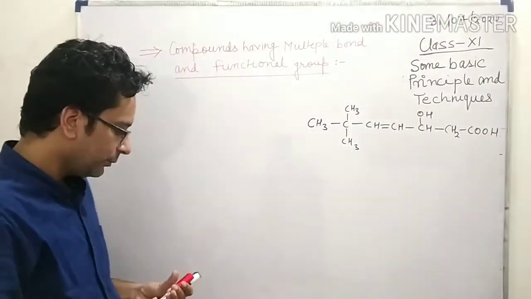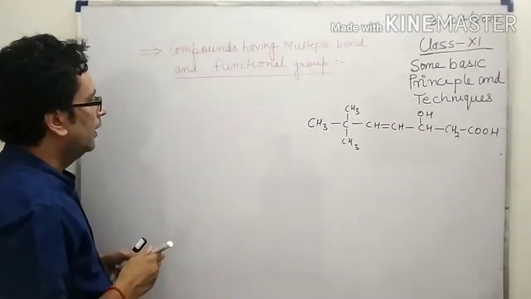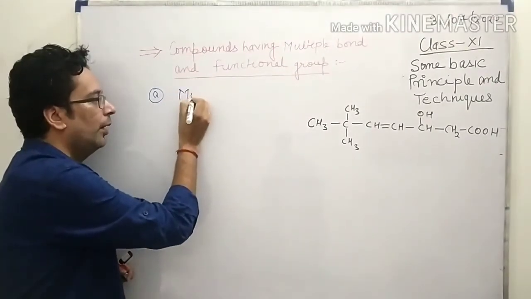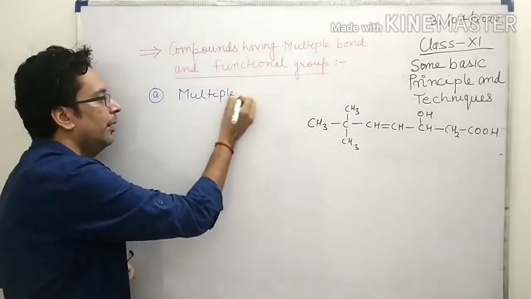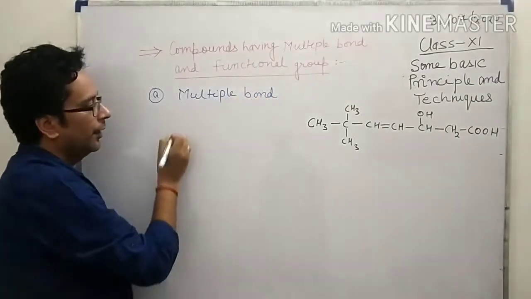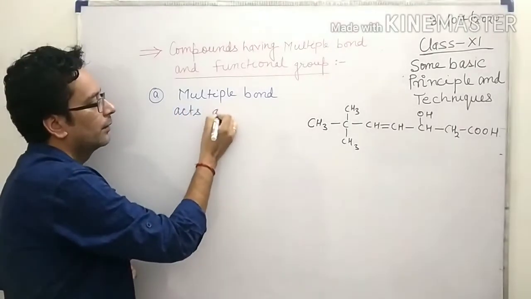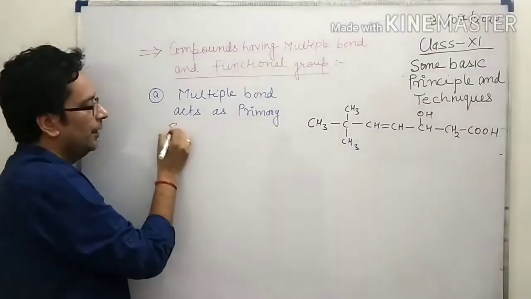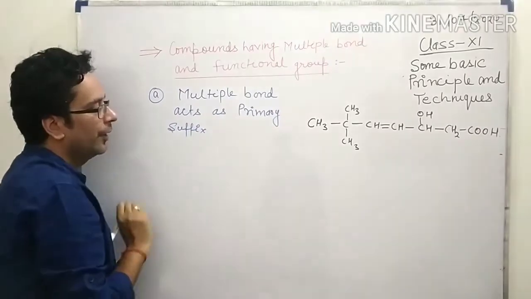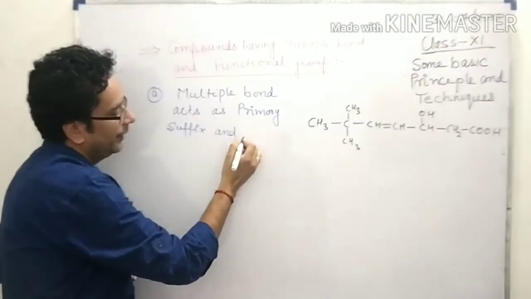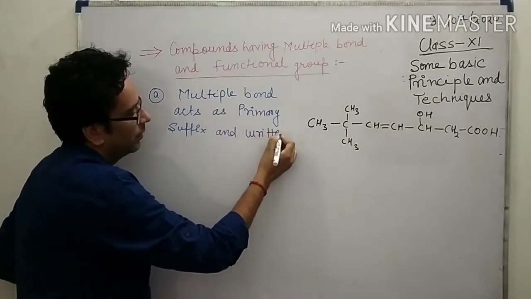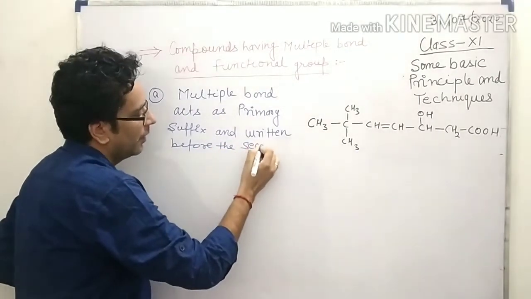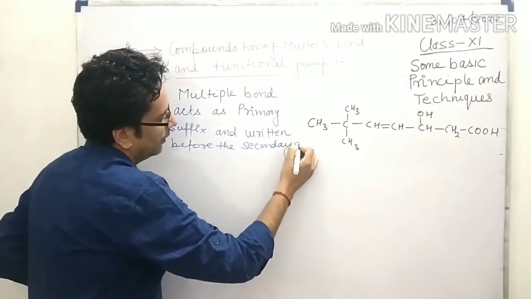Okay, so look here, the first point is that a double bond, or simply a multiple bond, acts as a primary suffix and is written before the secondary suffix.